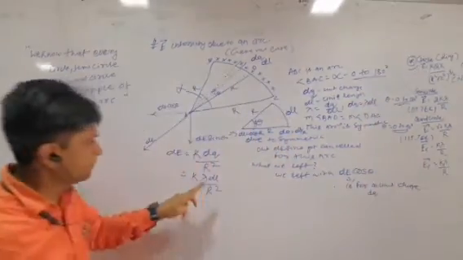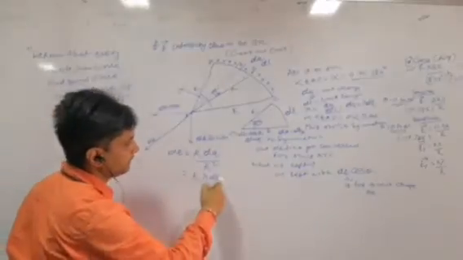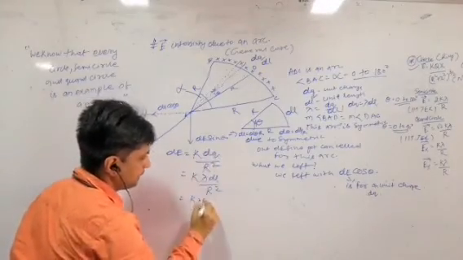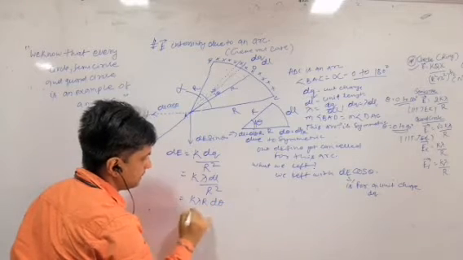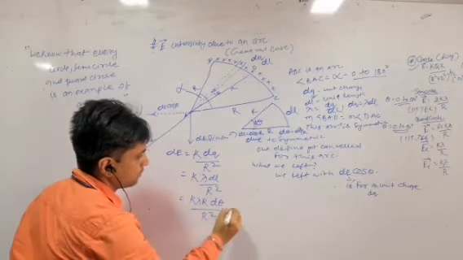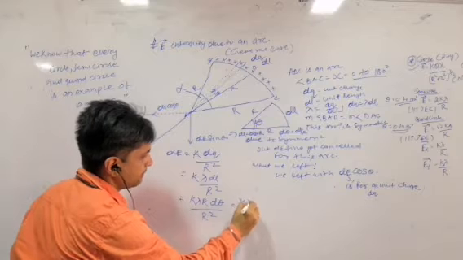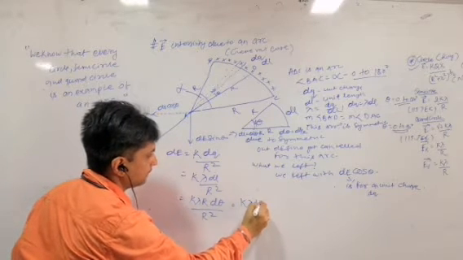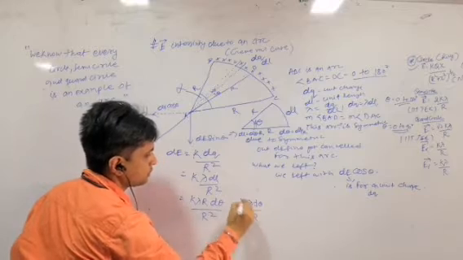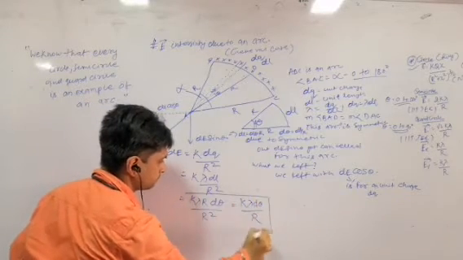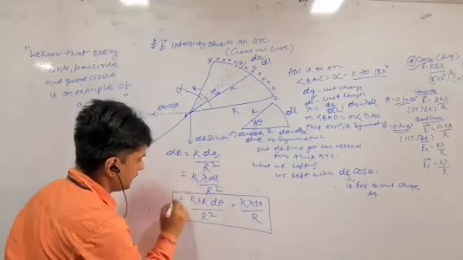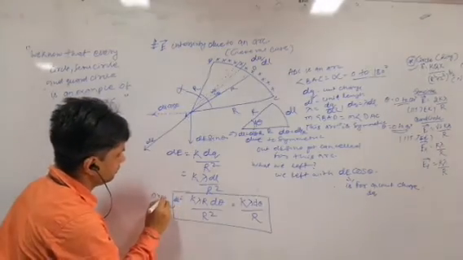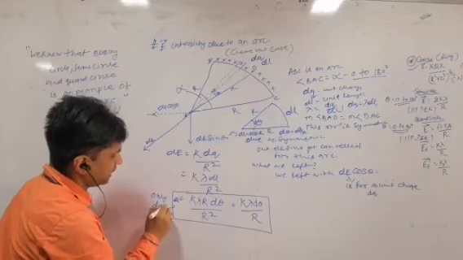So dE is equal to k lambda dl by r square. Putting dl equal to r d theta, we get dE equal to k lambda d theta by r. And remember, this is for only dq.